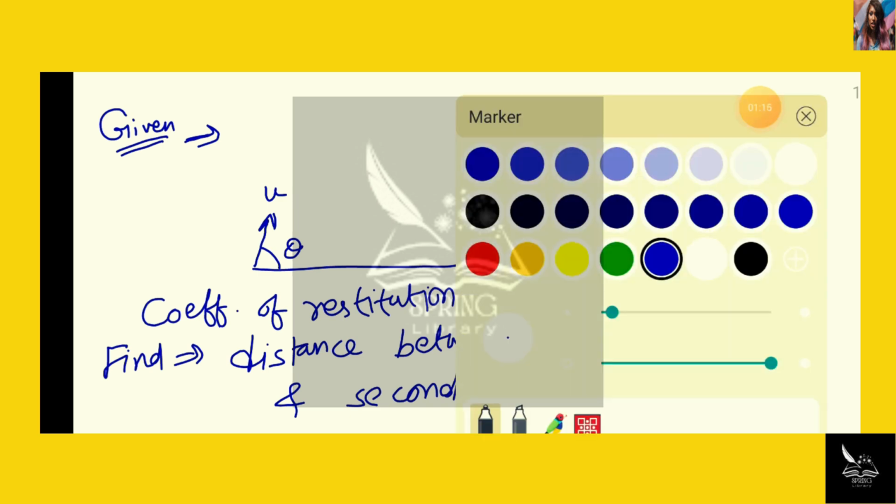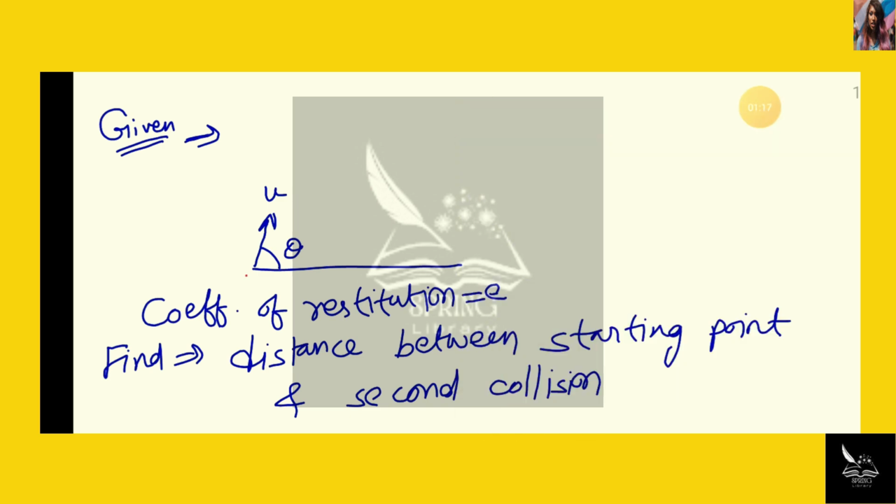In the answer, notice this figure so you can understand what the second collision means. The projectile is fired with speed u and angle of projection theta, and it takes a first collision by hitting the ground the first time.